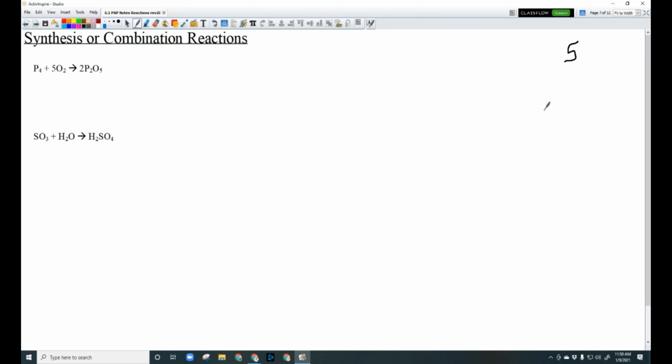The first one is a synthesis or combination reaction, and here are 2 examples. Synthesis is a scientific word that means to make. They're also called combination reactions because what you're really doing is taking 2 elements and combining them to synthesize a compound.